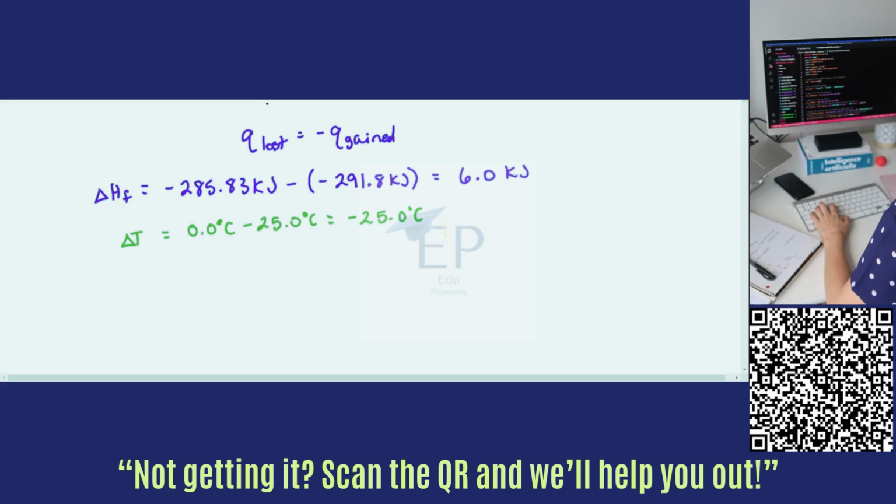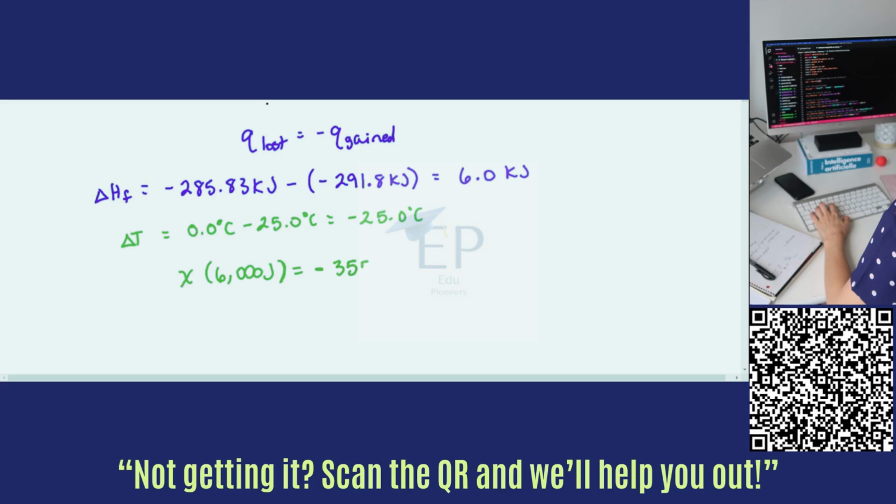So here we have some number of moles times 6,000 joules. I need to convert my 6 kilojoules into joules, is going to equal the negative. I'm going to make this side negative, and you'll see why in a second.